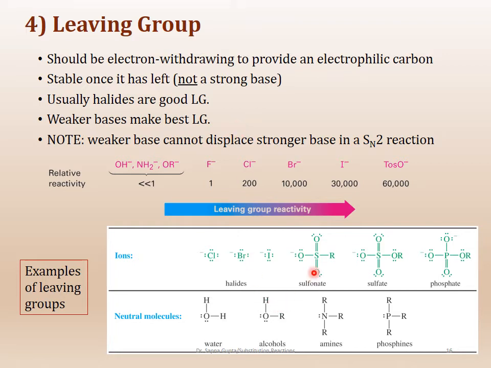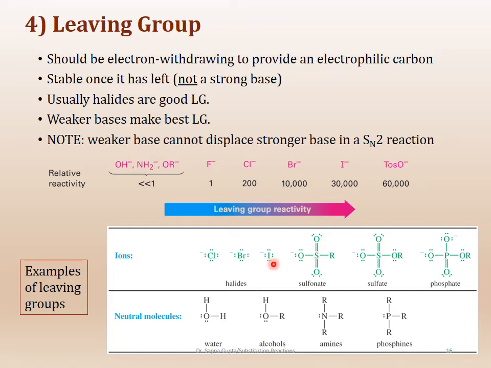Here are some examples of the leaving groups. Once you look at these, you will see how they make for good leaving groups. Now, this is a little bit of a controversial thing with the iodide, as I mentioned to you, because iodide is a good leaving group, but it's also a good nucleophile. It's a good leaving group because iodide is the conjugate base of a strong acid.